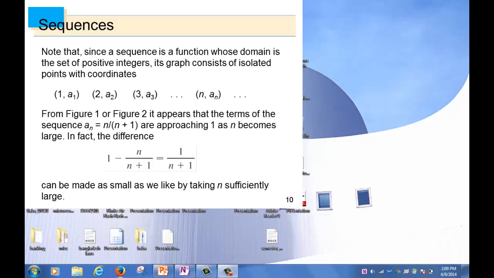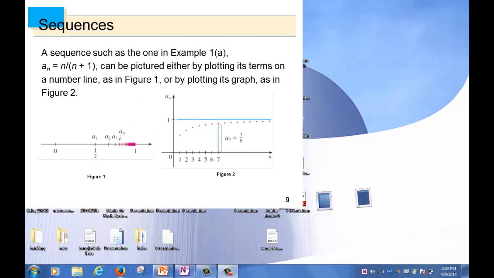Everybody's okay with that? So in the second graph, we plotted, for example, 1, A1, 2, A2, 3, A3, and so on. So A1, A2, A3, A4, those are the heights of the points, right?